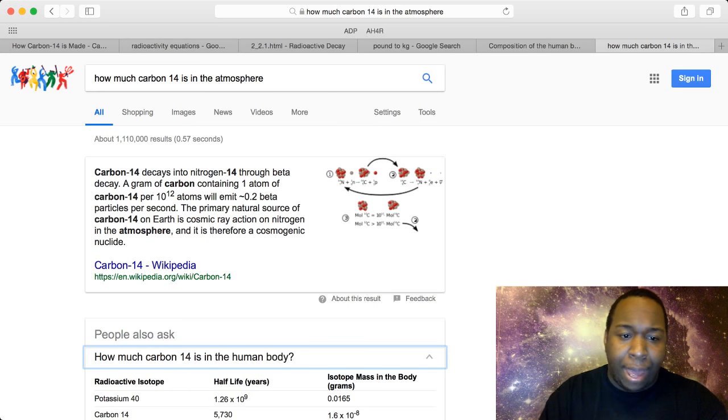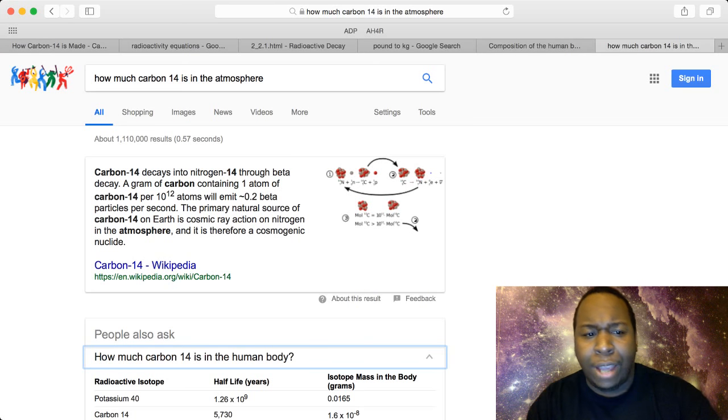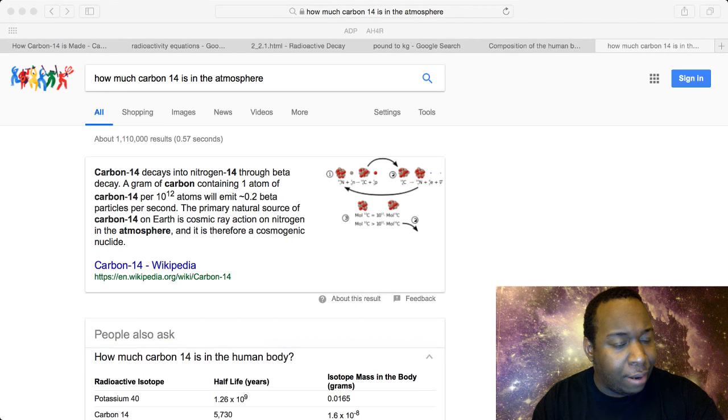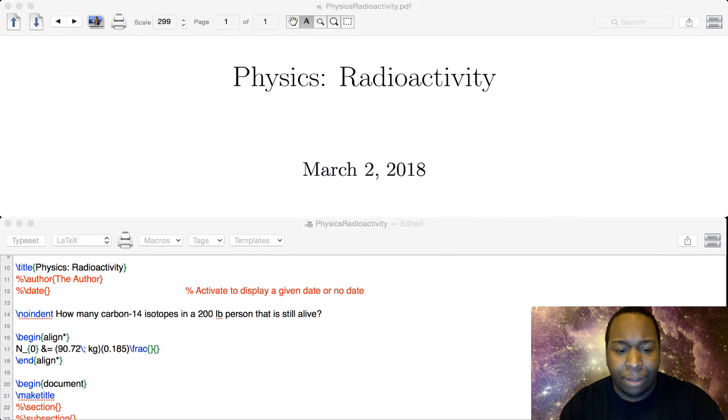So of that mass, I think I'm understanding this right. So of that mass, let's see if anyone else has stated anything. Okay, no? All right. So of that mass, let's go ahead and switch back to our tech document.